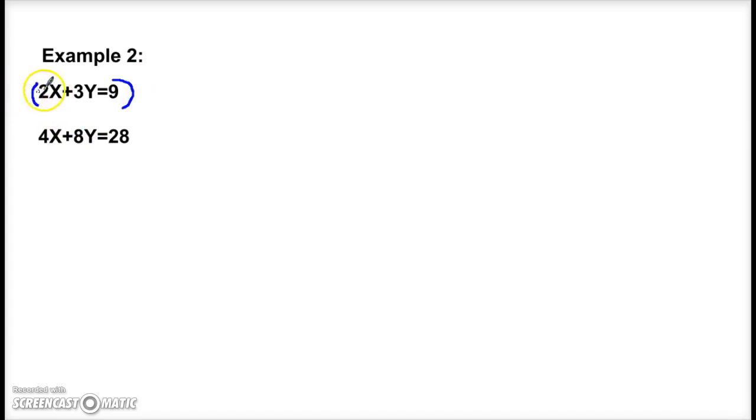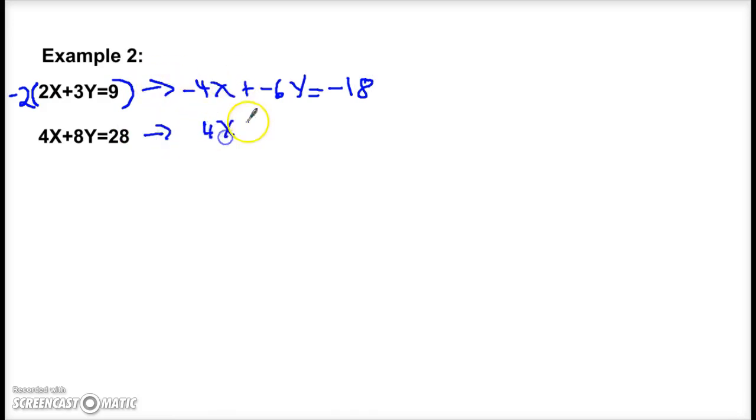So in this case, if I multiply everything through by a negative 2, let's see what happens. That's going to give me negative 4x plus negative 6y equals negative 18 for this top equation. The bottom one I can just rewrite the same way it is, which would give me 4x plus 8y equals 28.